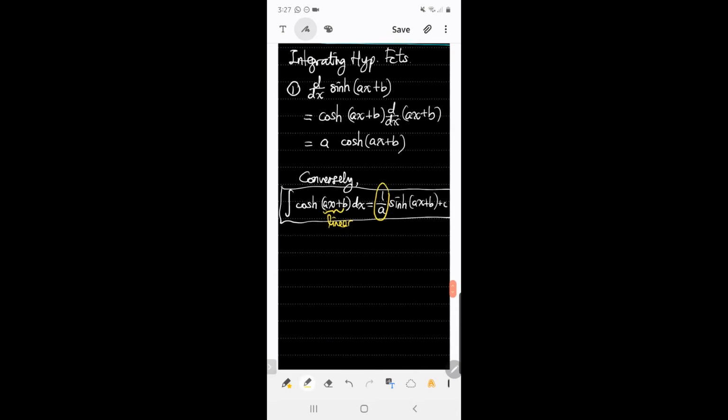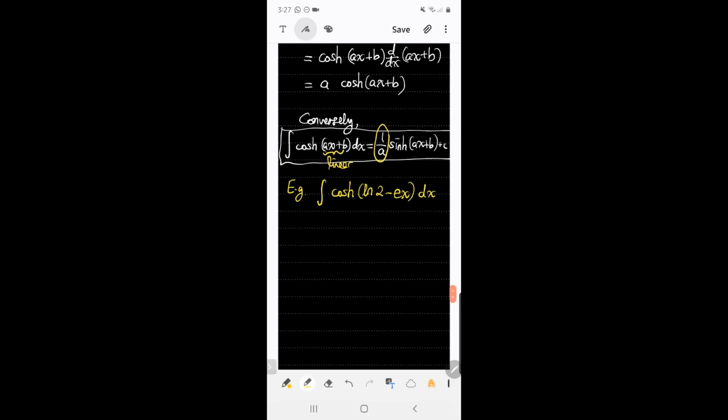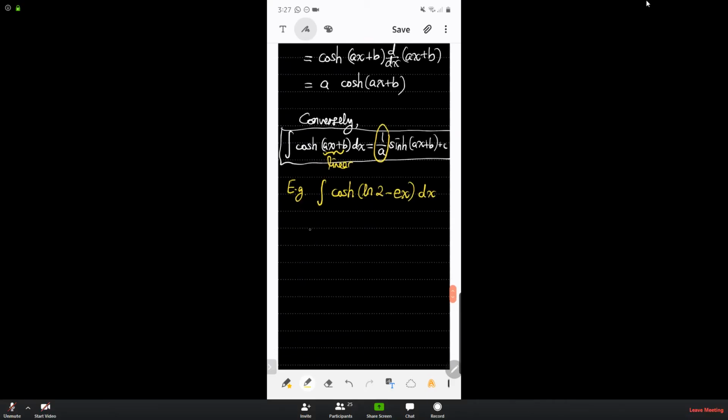I give you one example on how to do the integration. For example, the integral of cosh of ln 2 minus ex dx. When I ask for the integration of cosh, you know automatically that this is equal to sinh.